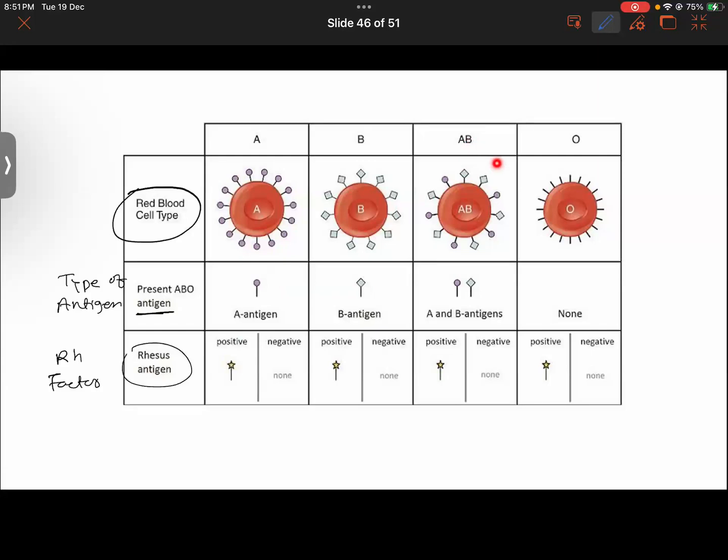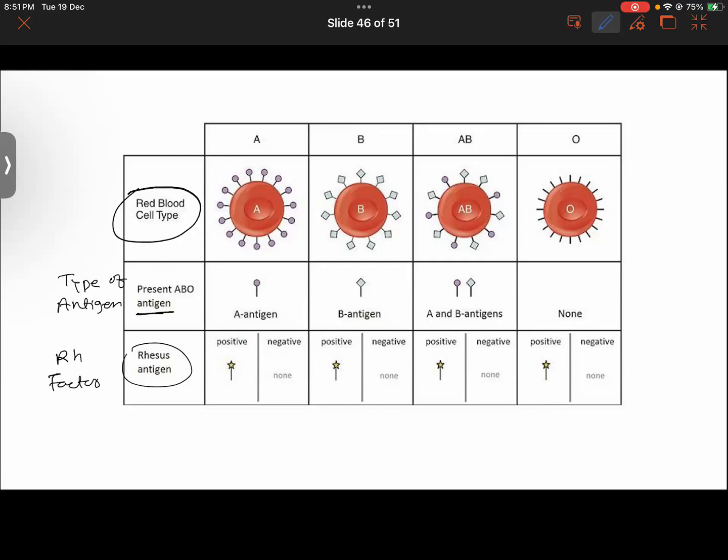Getting this now? Or if none of the antigens are present over the surface of the red blood cells, the blood group is O. Is that clear to you or not? Yes, sir. Sir, can you explain again?